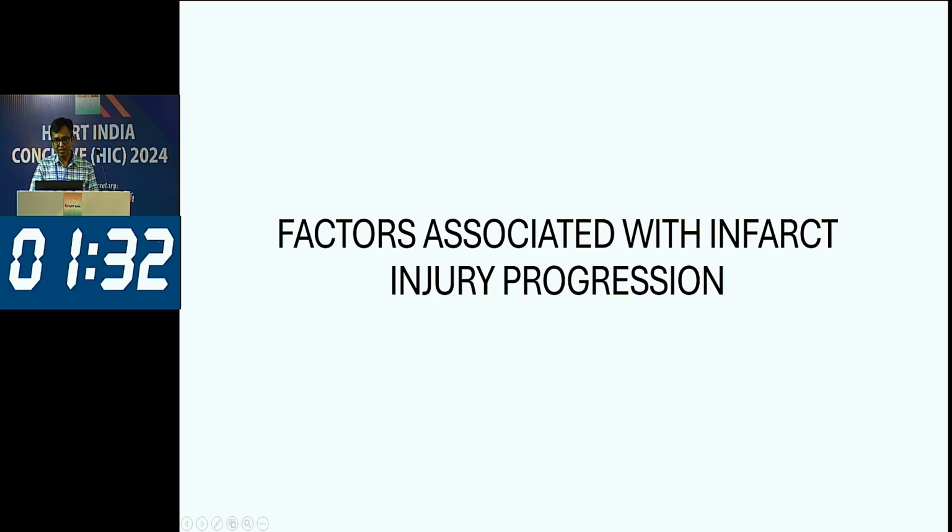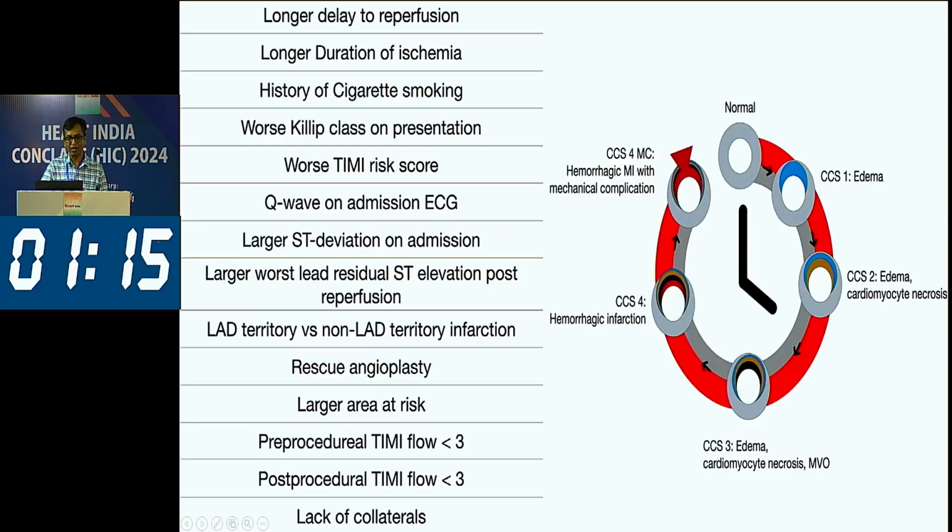There are many factors actually. The most important factors are longer delay to reperfusion and longer duration of ischemia. So these four stages are not independent, but they build on each other, reflecting progressive and sequential damage to the myocardium.